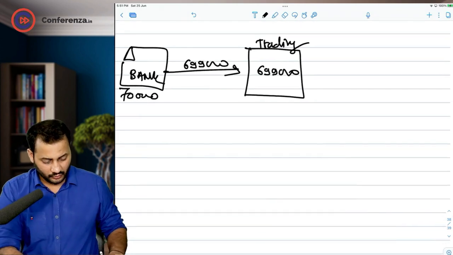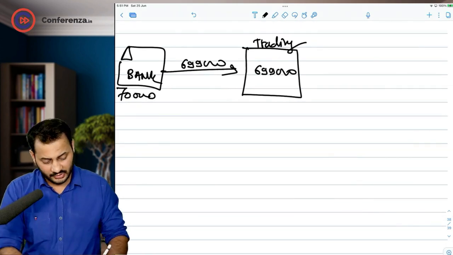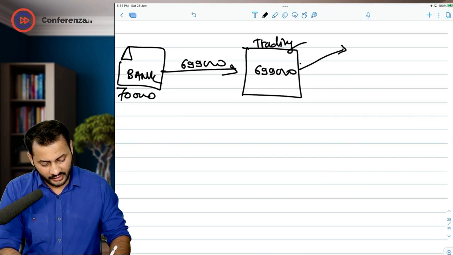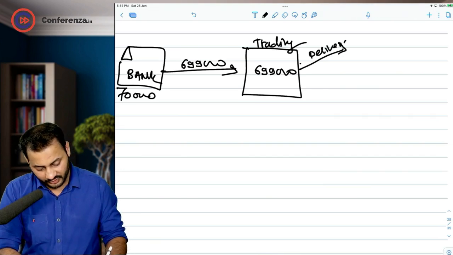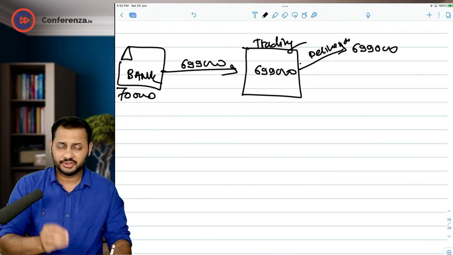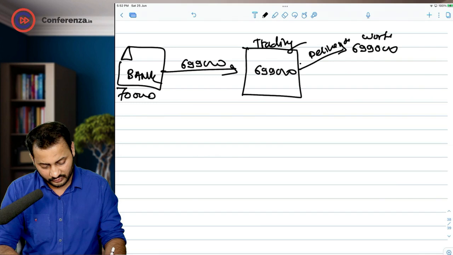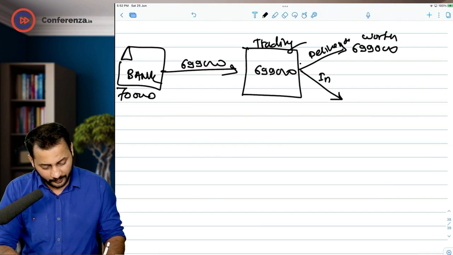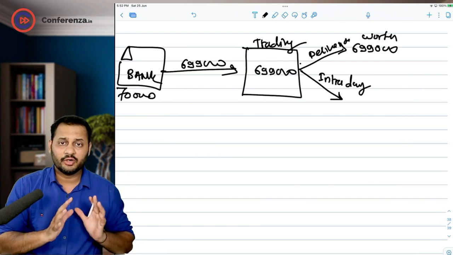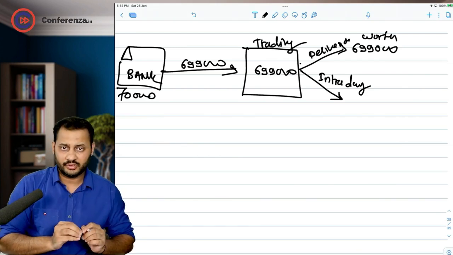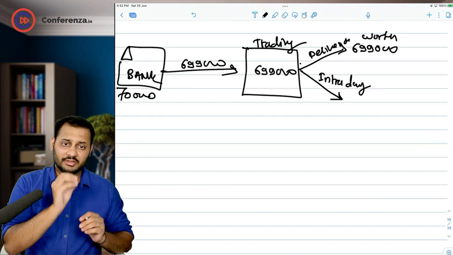Now just understand the concept. If you want the delivery of the share in your demat account, you will only be able to purchase shares worth 6,99,000. But if you are ready to play intraday, then SEBI does not want you to invest the entire amount for that much of the investment.